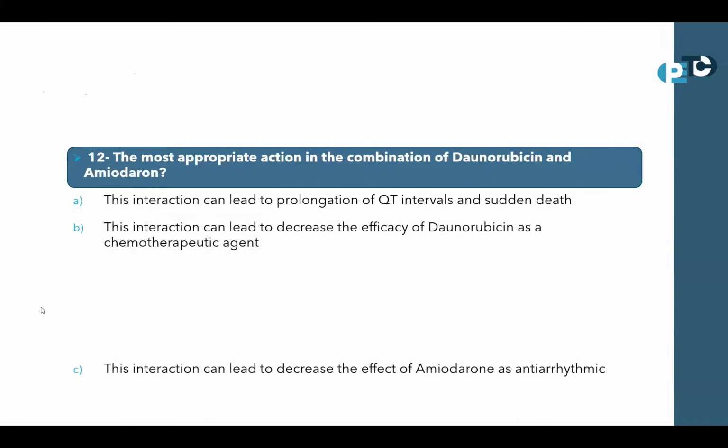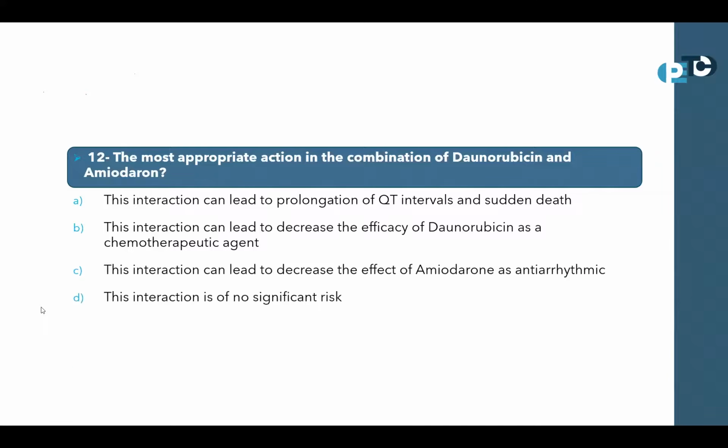The most appropriate action in the combination of daunorubicin and amiodarone. Let us first see what daunorubicin is. Daunorubicin is one of the chemotherapeutic agents. It's an anthracycline. The main side effect of daunorubicin is cardiac toxicity.